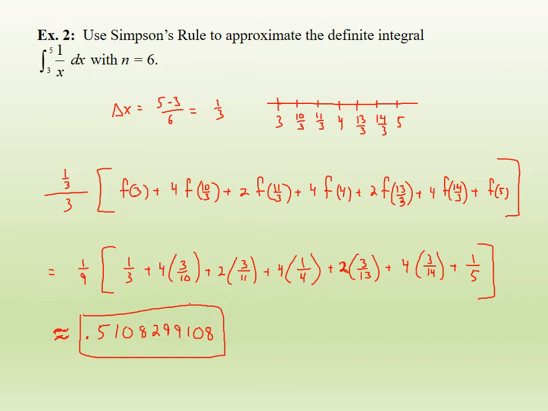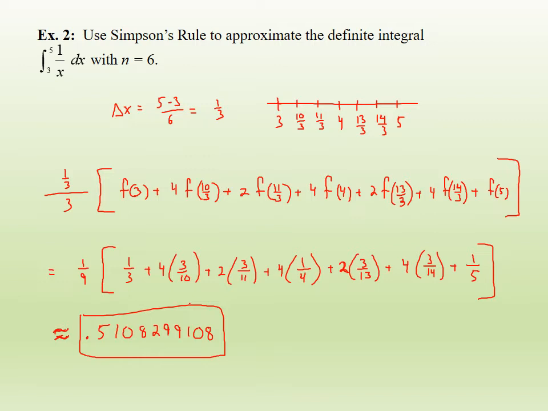And now we have to use the number line. On your number line, place the lower and upper limits of integration on the left and rightmost respectively, and partition the region in between these two numbers into 6 equal subintervals again, because we are given the value of n to be 6. And then you have to write the formula for the approximation of this definite integral. This time we'll be using delta x divided by 3. Our delta x is a third.